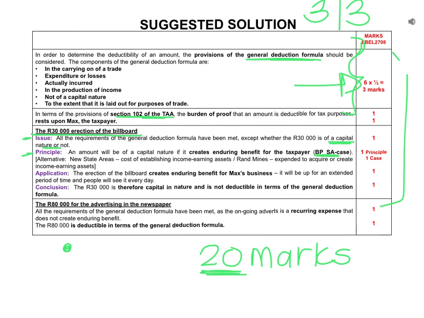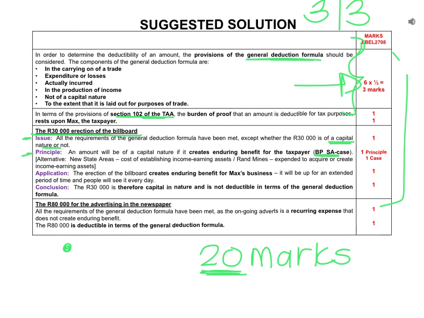I just need to stop here and warn you, right? A principle in a court case is theory. It means nothing if it's not applied to the information in the question. In semester test 1, for example, at question 3, where you had to discuss whether Roman was a resident of South Africa, quite a few students, when they looked at ordinarily resident, simply listed the Cohen and Cuttle court cases with their principles without applying them to the information in the question.